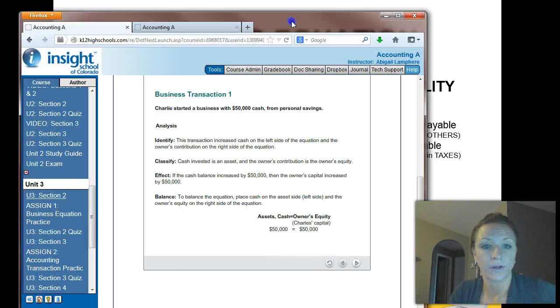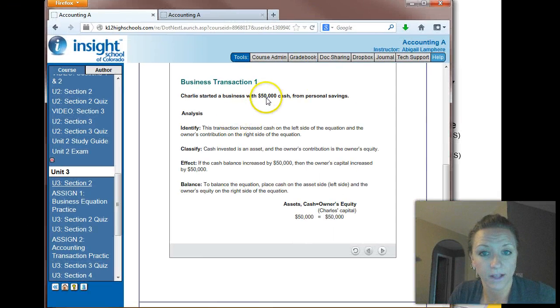So when the owner invests $50,000 cash from personal savings, that's going to increase the cash balance and increase owner's equity or owner's capital. So both will increase by $50,000. So to show you the balance, the equation places cash on the asset side, the left side of the equation, and owner's equity on the right side of the equation.